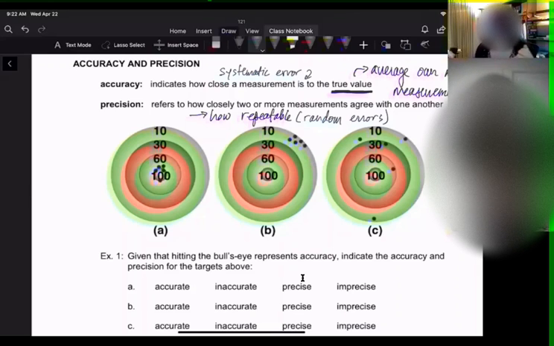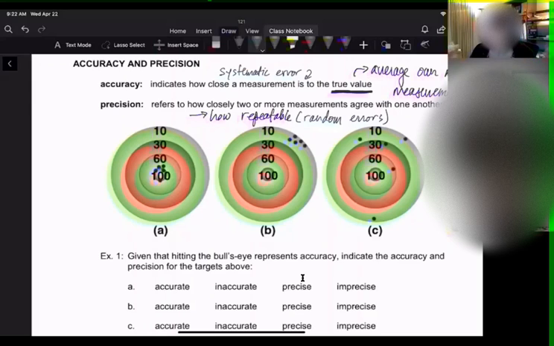Does that make sense? So that shows us that there's something systematic going on. And then in the other one, well, they're more spread out. So maybe that's more like random errors, like they're outside. And sometimes the wind is from one direction, sometimes the wind is from another direction. And so no matter how they're throwing it, it gets shifted, right? So that's more of a random error.